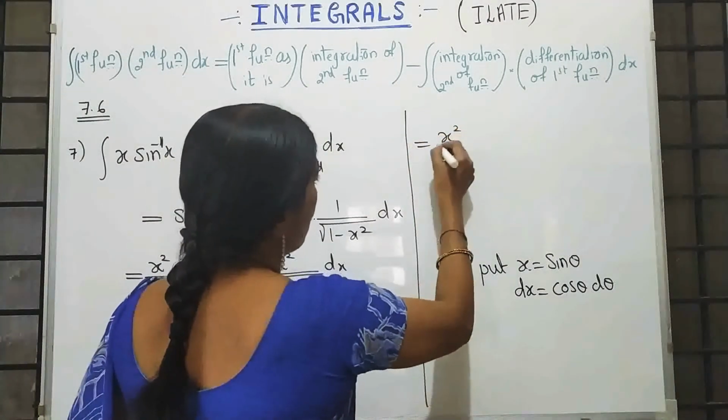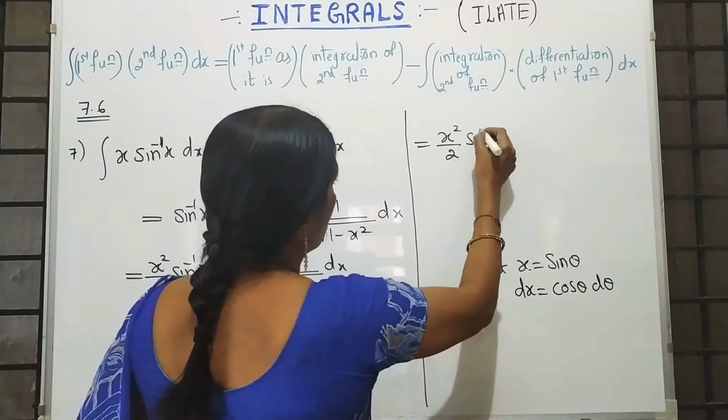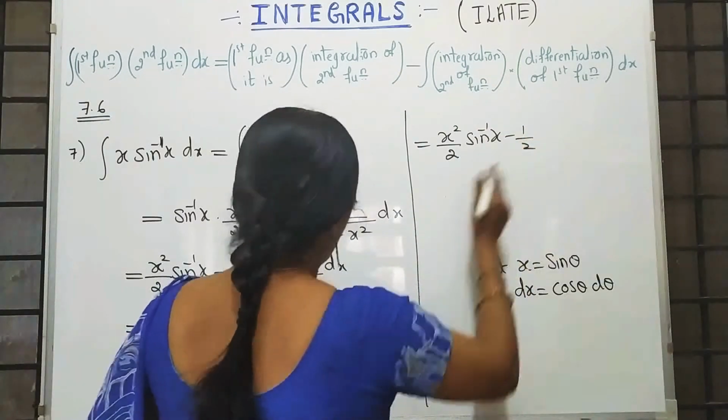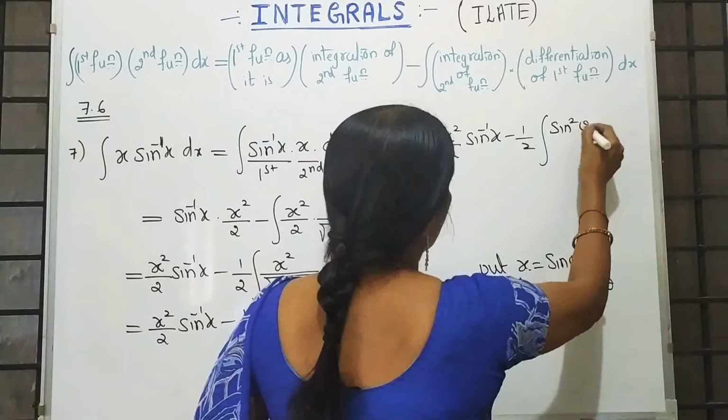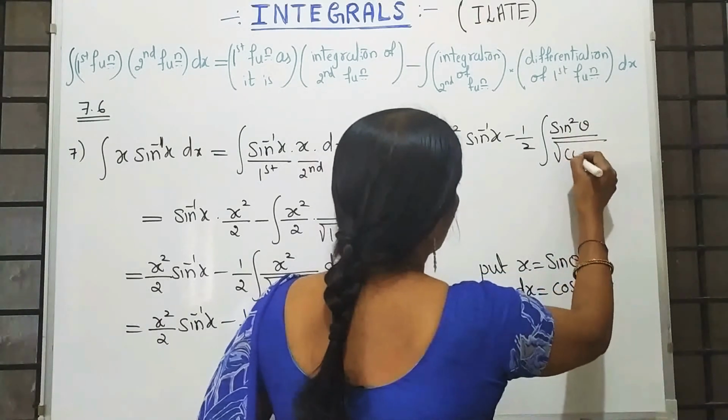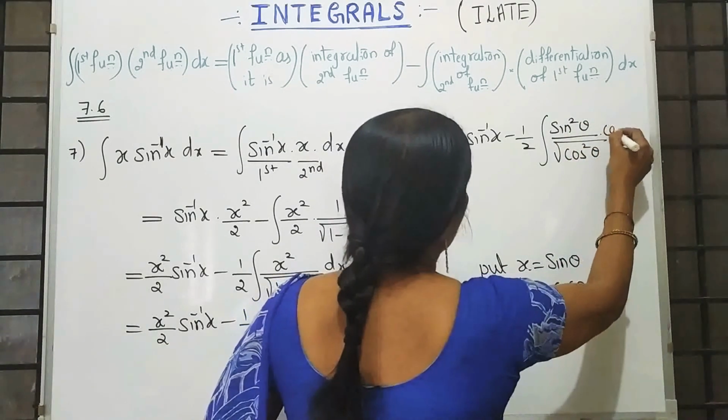This is x square by 2 sine inverse x minus 1 by 2 integration of sine square theta upon root of cos square theta into cos theta.